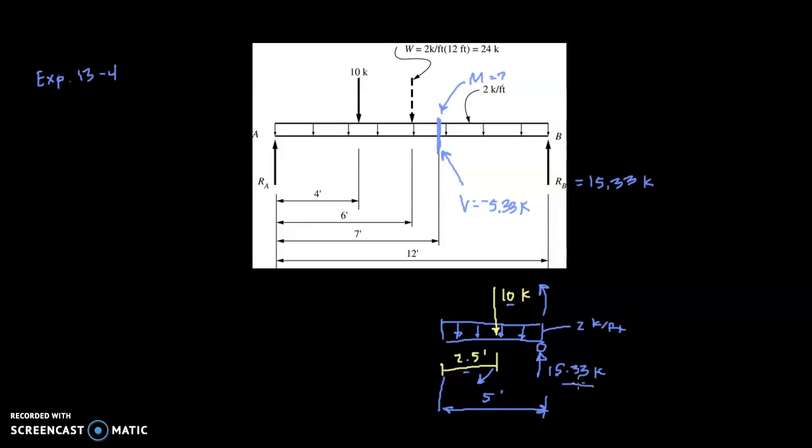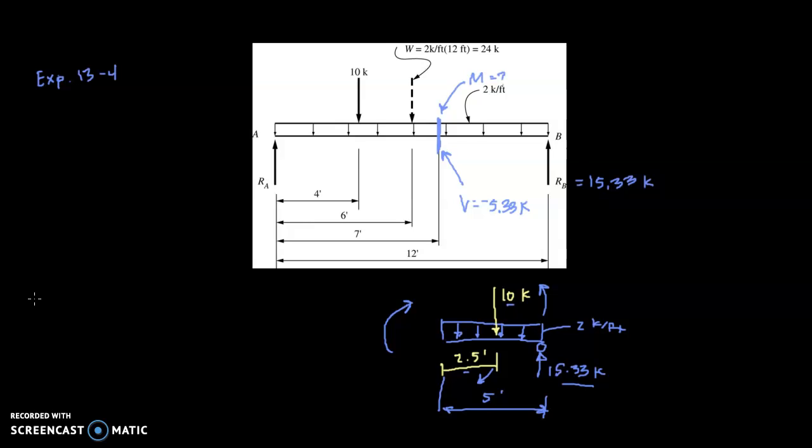The 15.33 load is larger than 10, and its moment arm distance of 5 is larger than 2.5. So it's going to result in a net counterclockwise moment, which means that the internal moment is going to have to be going the other way to cancel that out.